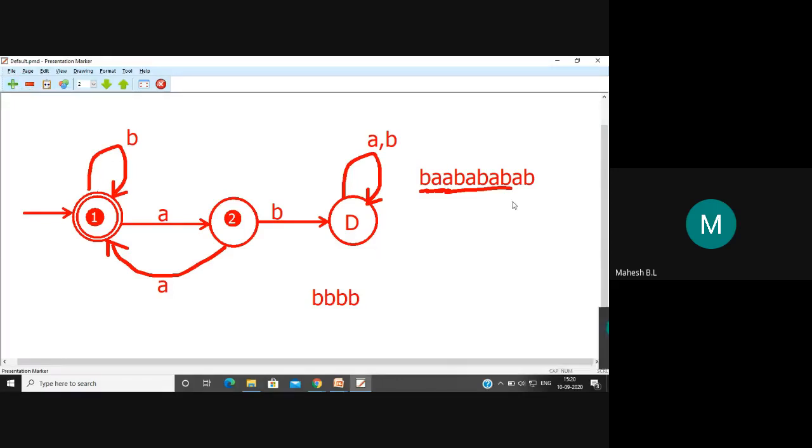See here, I'll consider this particular DFSM itself. I'm going to modify it a little.